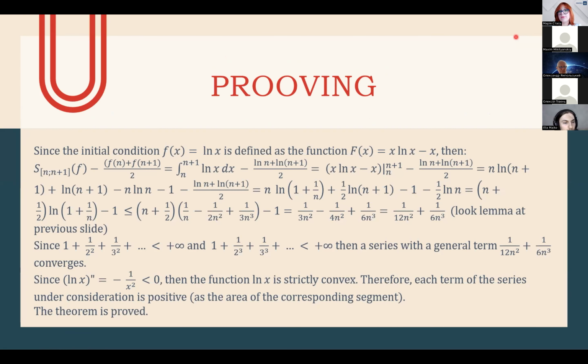And here we have the proof of the second theorem, since the initial condition of the function is logarithm x, defined as the function x ln x minus x, then the square of the last rectangle minus the sum of the last two functions divided by 2 will be equal to this part.